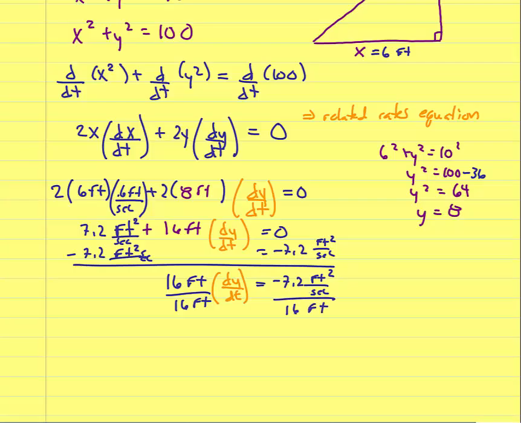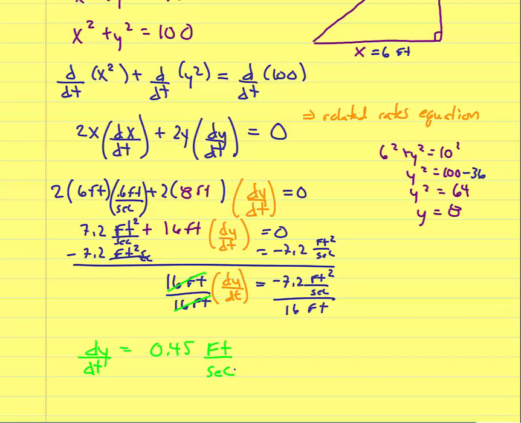So what's happening on the left, I have that dy/dt. That means what is the rate of change, or how fast is it sliding down the wall. And here I have a negative 7.2 divided by 16. And that would leave me with 0.45. Feet squared over feet would be feet per second.